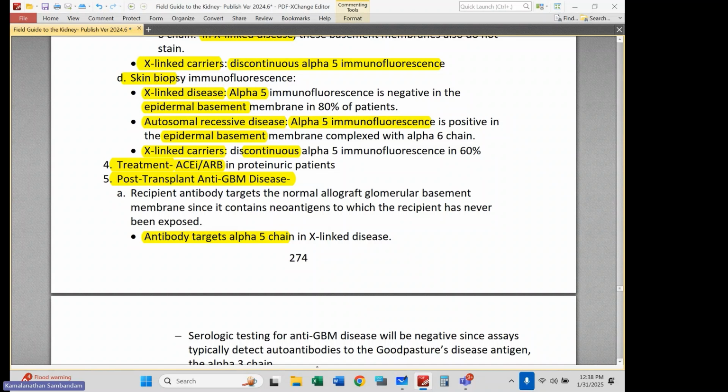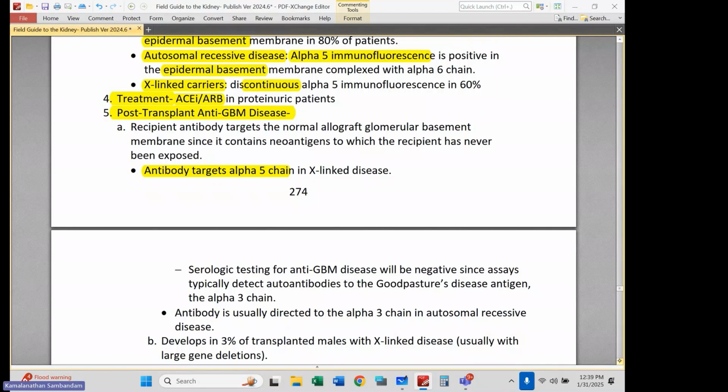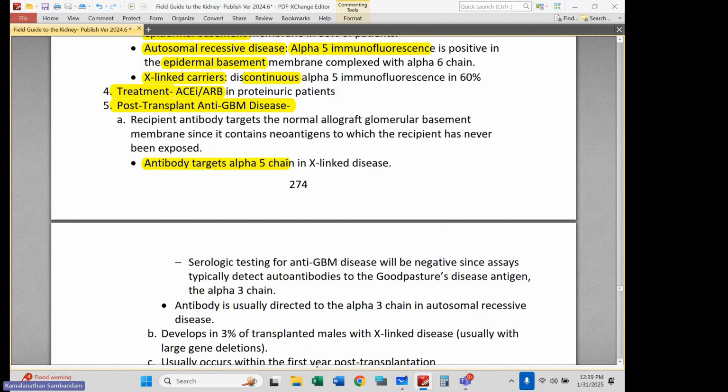I have never seen that before, meaning my immune system has never seen a normal alpha 5 chain of type 4 collagen. But now I do see this, okay? I see this new antigen, right? And now I can start producing an antibody to that alpha 5 chain, okay? So that would be one classic way in which post-transplant anti-GBM disease may happen, okay? And can result in crescentic glomerulonephritis, okay?